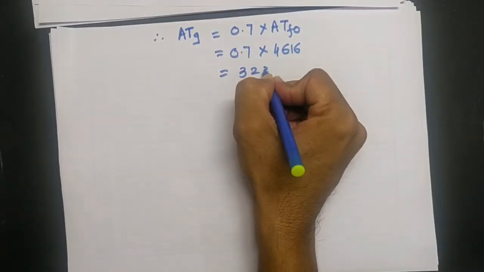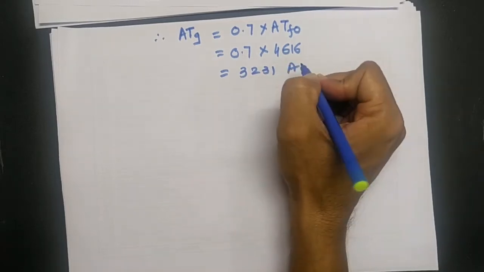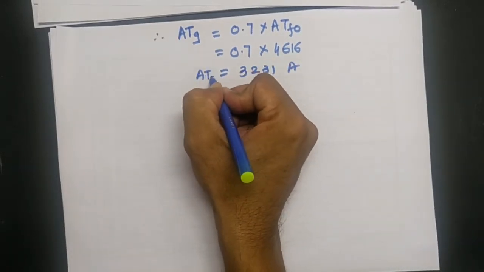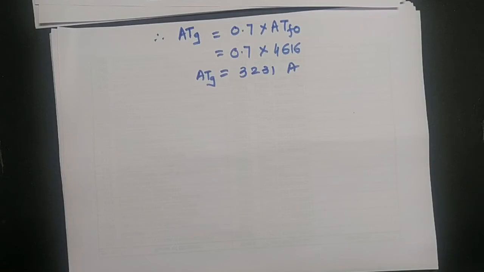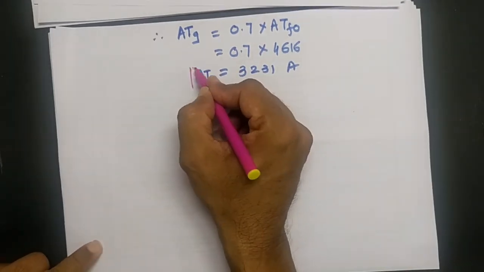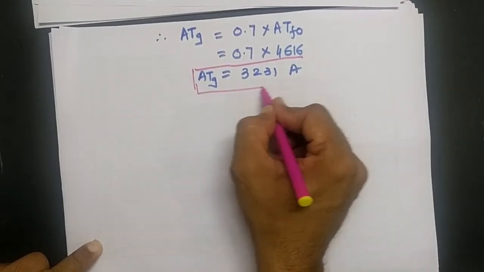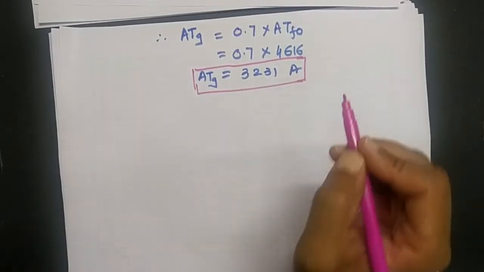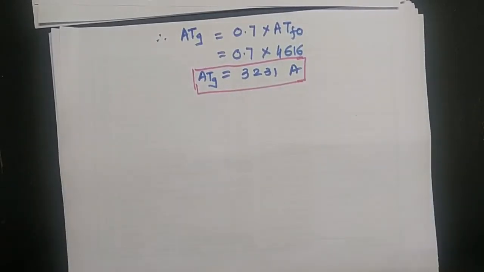So 3231 ampere turns is our ampere turns for the gap. So now we have the value available, and now we can use our equation.